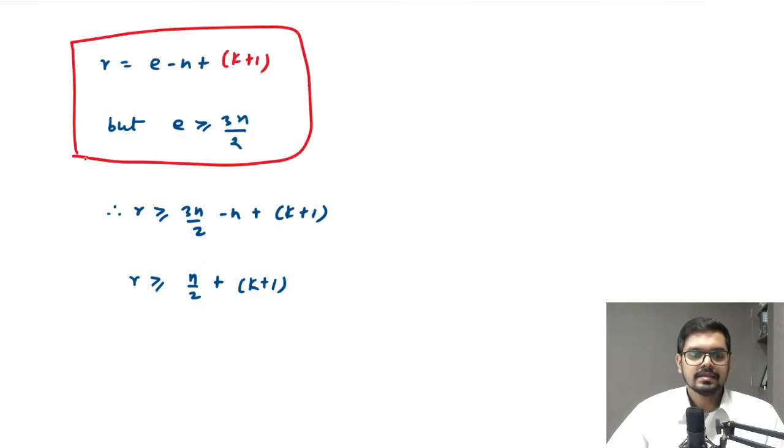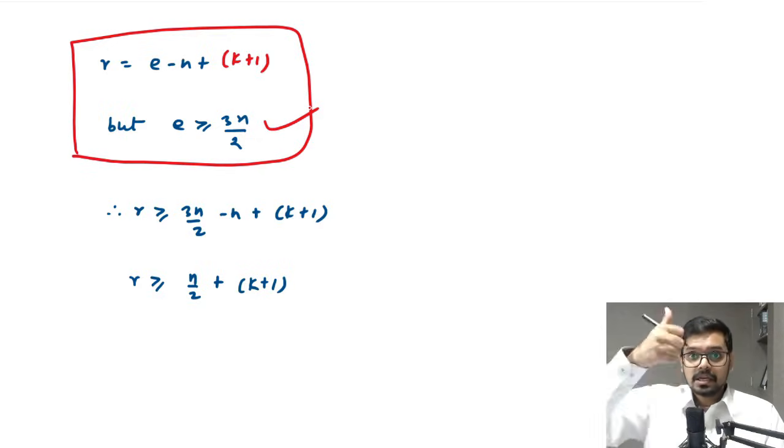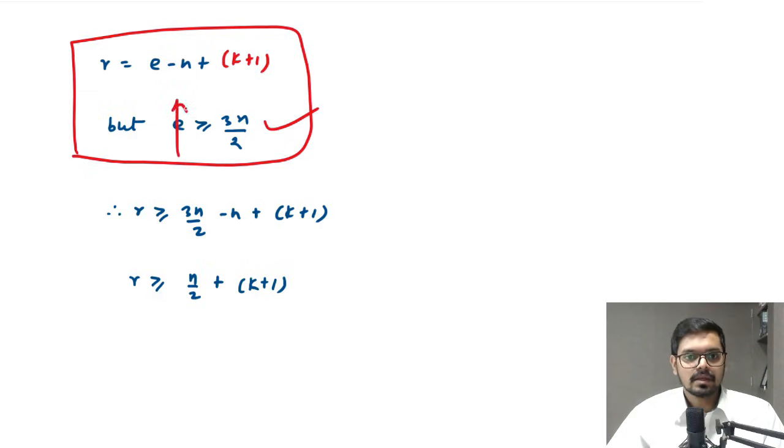If E is equal to 3n by 2, then there is no issue, substitute E is 3n by 2. But what is happening here is E is greater than or equal to 3n by 2. And if E increases, then definitely R will also increase, because R is equal to this thing, right? So R will also increase.